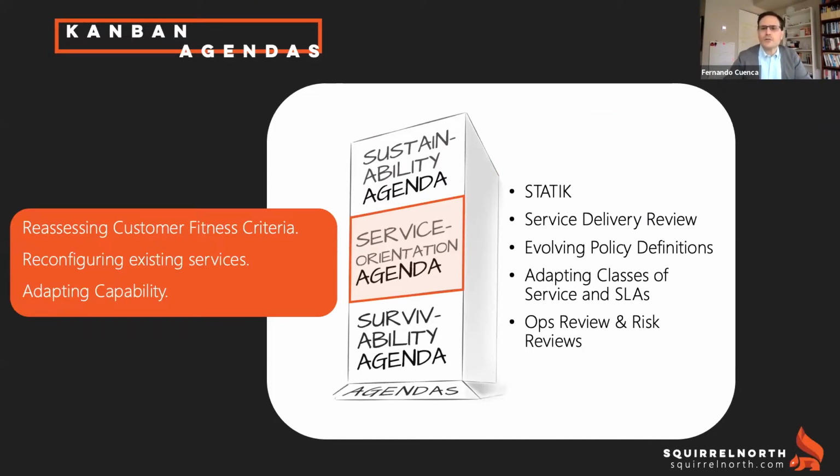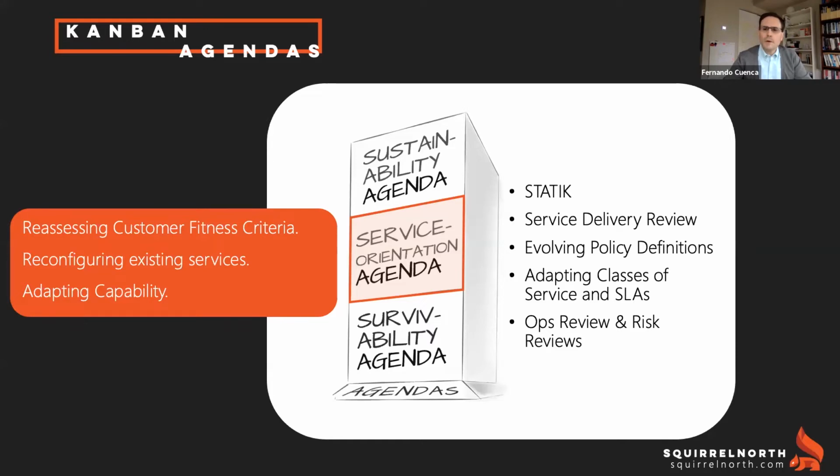Then there is the service orientation agenda. This is the agenda that directs us to focus our attention on service performance and customer satisfaction. Now, things have changed not just for us, but for our customers, which means that the things that were adequate for them before may not be the same that are adequate now. So their fitness criteria might have changed.